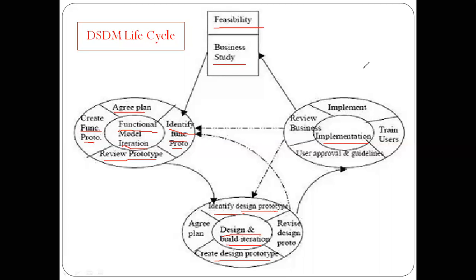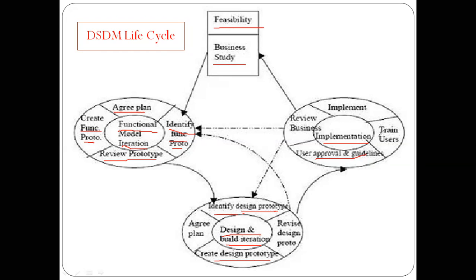In the implementation phase, there are user approvals and guidelines before starting anything: whether this design is approved by the user or not, and what the guidelines are to develop the code. This is the coding implementation, in the sense the coding session, right?